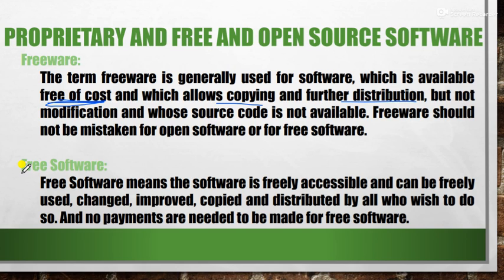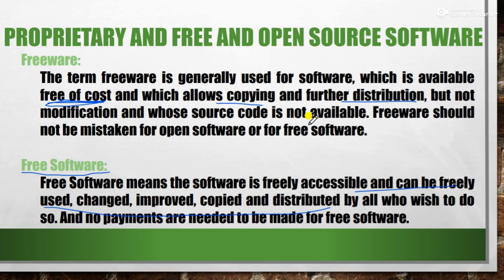And last but not the least, that is free software. Okay, the last topic of your chapter. Free software means the software is freely accessible, and can be freely used, changed, improved, copied, and distributed. Actually what you have to understand is that you can do everything here.